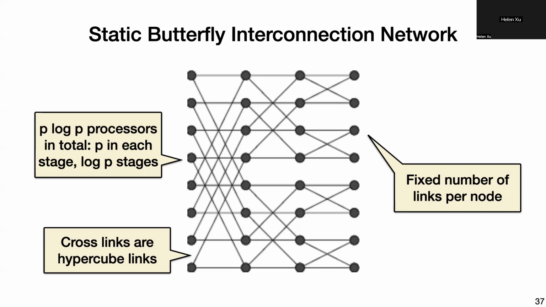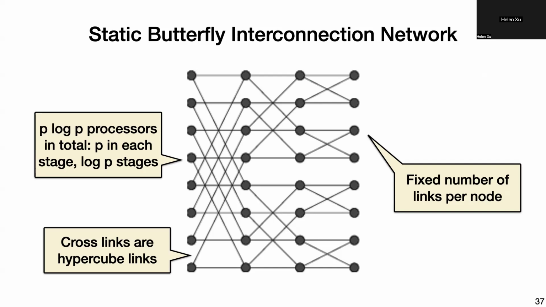Are they actually p log p processors, or are they p processors which you assume to be in log? I see. No, there are actually p log p processors. But you can imagine an algorithm running this way, and at the end, these are all kind of representing the same processor in some sense, but the final result would be here, or here if you're going this way.